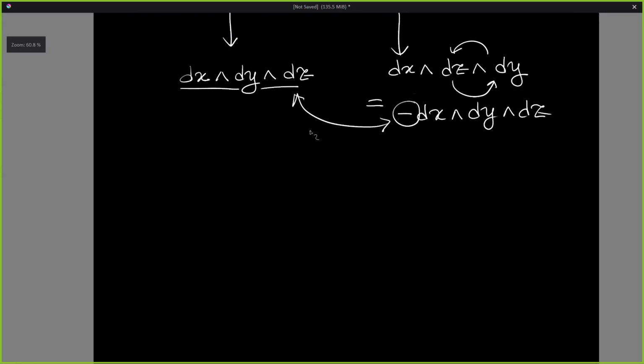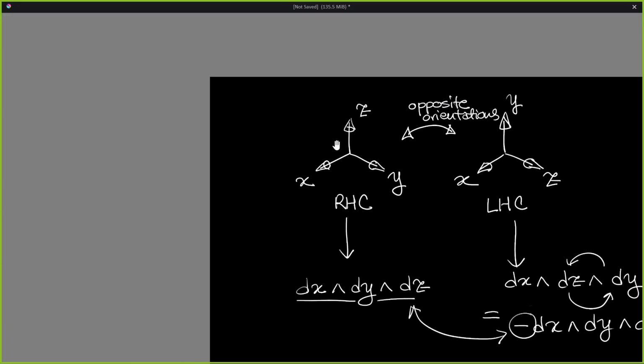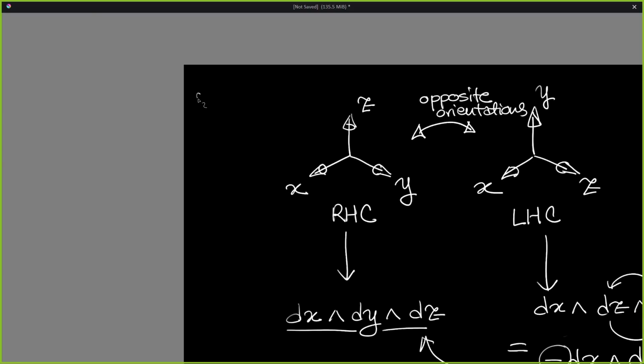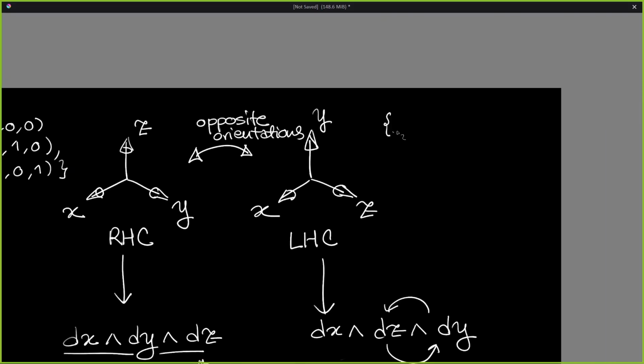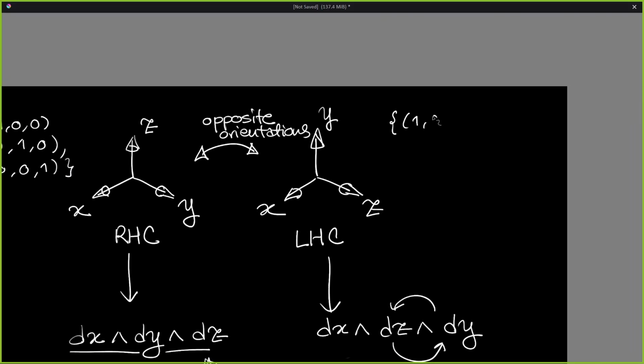This is actually related to this idea of shuffling the basis vectors, and you can see it from this diagram that we showed here. The basis vectors here are 1, 0, 0, 0, 1, 0, and then 0, 0, 1. And for this one, it's 1, 0, 0, but then we have the z basis vector, so 0, 0, 1, and then 0, 1, 0.